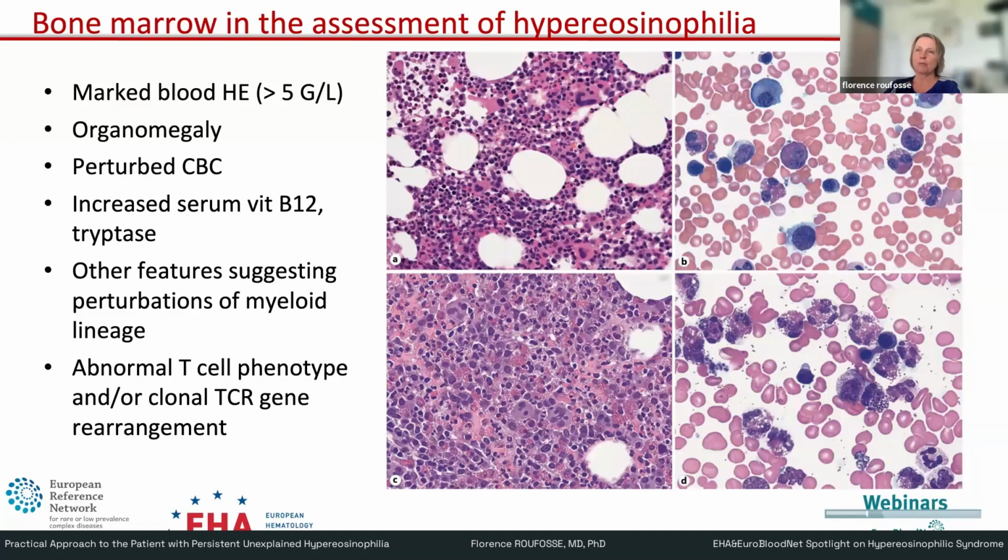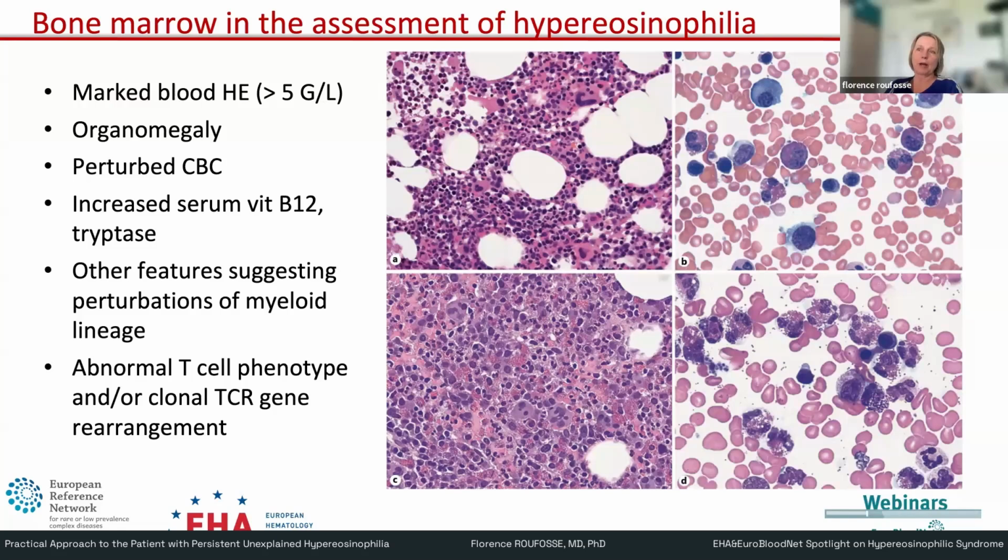But it's generally recommended when you have really, really high blood hypereosinophilia. And it has clearly been demonstrated that people who have clonal eosinophilia tend to have statistically higher eosinophil counts in peripheral blood than those who have reactive forms. So if the hypereosinophilia is severe, if it's more than 5,000 per microliter, this might be already an interesting clue to the type of patient who should have a bone marrow done.